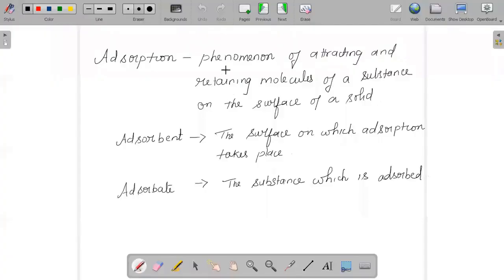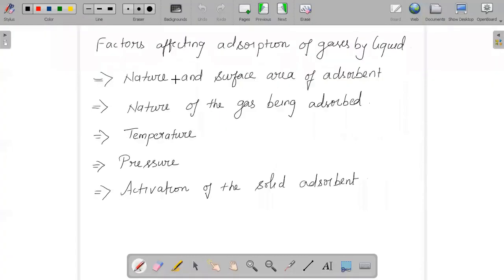Next, what are the factors that affect the adsorption of gases? The factors affecting adsorption are the nature and surface area of the adsorbent which we use, and of course the nature of the gas being adsorbed.